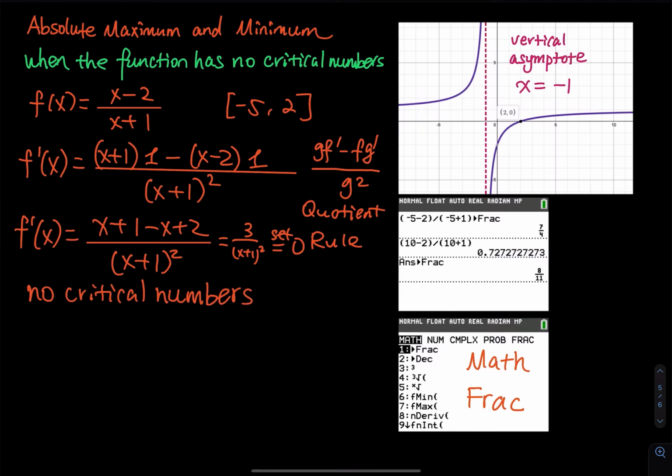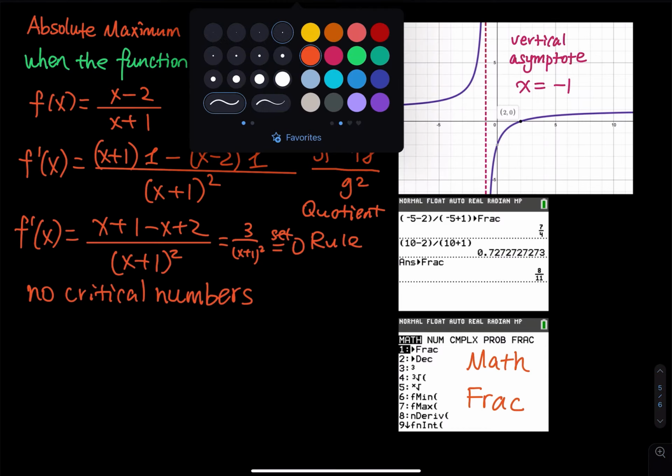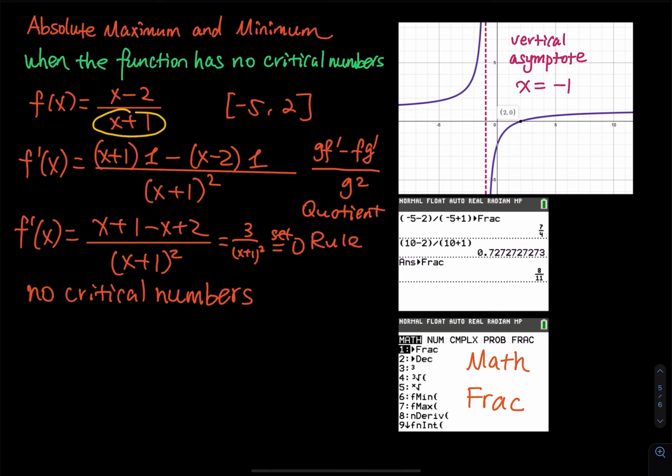In this case, the function is either always increasing or always decreasing. So take a look at the graph I gave you. Other than the vertical asymptote, which I will explain in a minute, the function is increasing the whole time from left to right. How do I know the vertical asymptote is x equals negative 1? Here is how. x plus 1 is in the denominator.